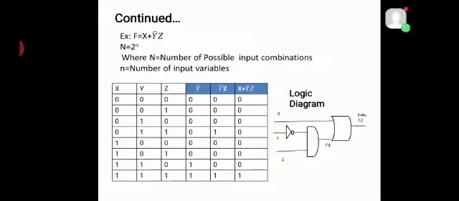The next column is y bar z, then x plus y bar z, the combinations of the given example. For x, the pattern is four ones, four zeros; for y, two ones, two zeros, two ones, two zeros; for z, it alternates 1, 0, 1, 0, 1, 0.